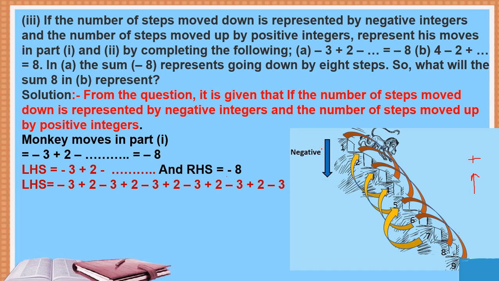But we have to represent jumping towards the water level as a negative integer. So this 3 is nothing but minus 3. In the previous solution we took jumping towards the water level as a positive integer. Here we have to consider it as a negative integer. So 6 times we have to write minus 3.